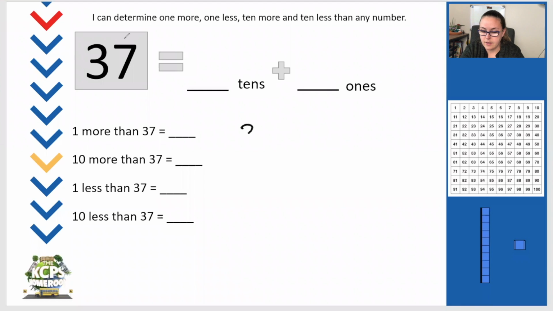So I said 30 and 7. That makes 37, right? So remember that when we're talking about the number 30, that's the number of ones that we will see in that number. But how do we take base 10 blocks and model 30 plus 7?